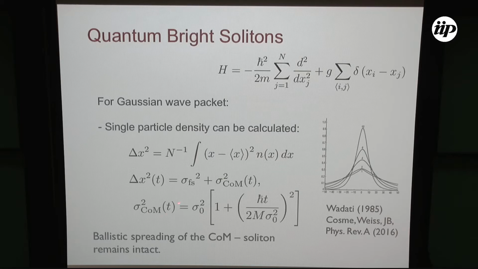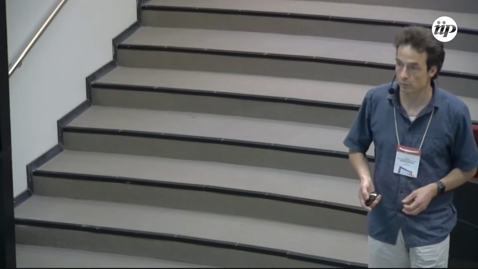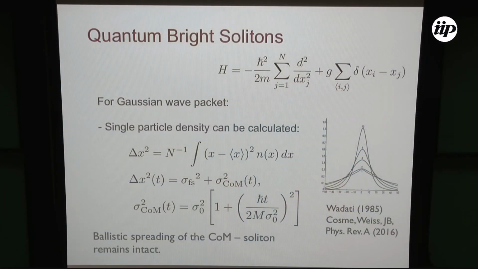Okay, and the center of mass, if it is a Gaussian wave packet, then it will evolve in time, and the time evolution is just that of ballistic expansion of a Gaussian wave packet. Right, so not really any surprises here.